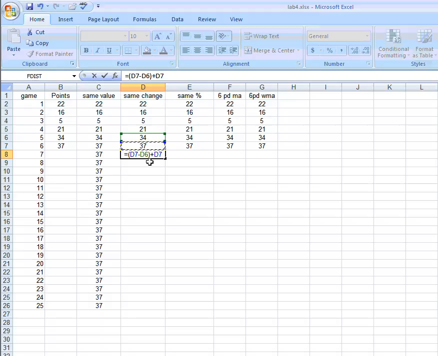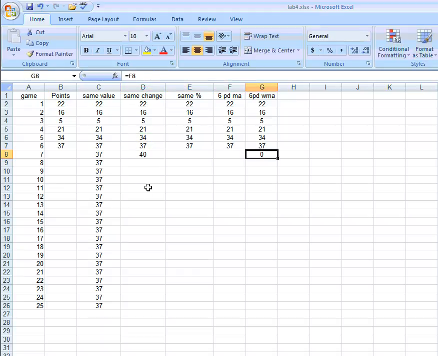The D7 is what we're adding it to. Note that mathematically those parentheses do not matter, and we can simplify that to 2 times D7 minus D6. I always do it this way, plain simply because I just remember, oh, same change, and I logically figure out what it is. But if you want to memorize 2 times the most recent minus the one before, that's fine.